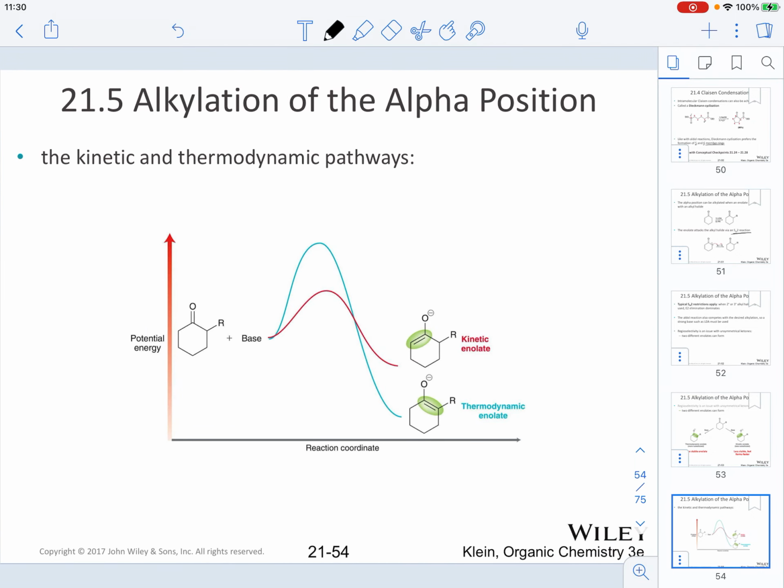This energy diagram is just illustrating the reaction coordinate diagram for the kinetic and thermodynamic enolates that are going to form in a solution with an unsymmetrical ketone. This is just illustrating what is happening overall.